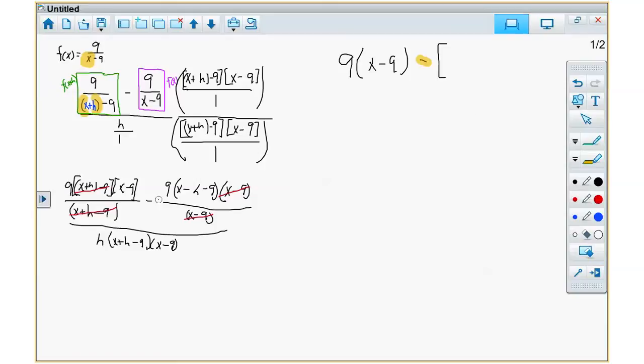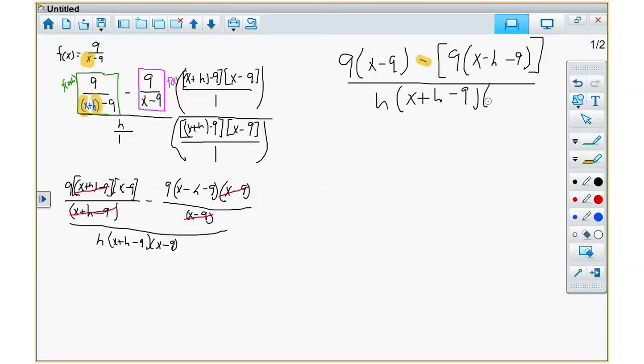That's going to give us a 9 times x minus h minus 9, over h times x plus h minus 9 times x minus 9.